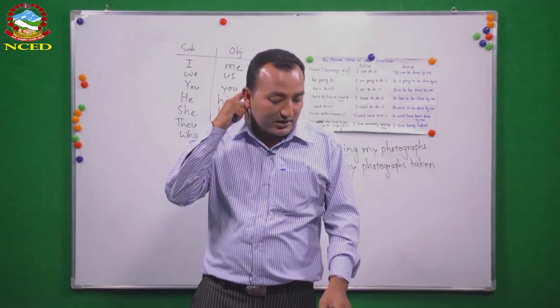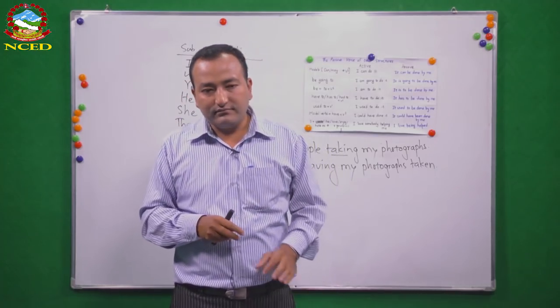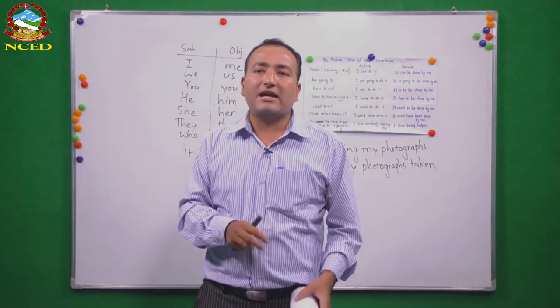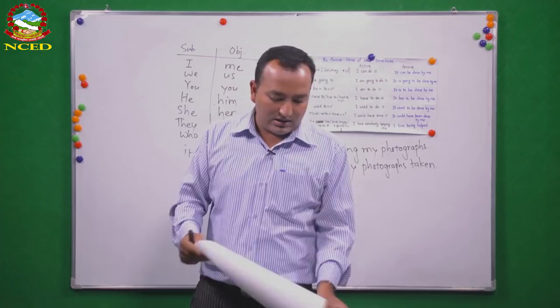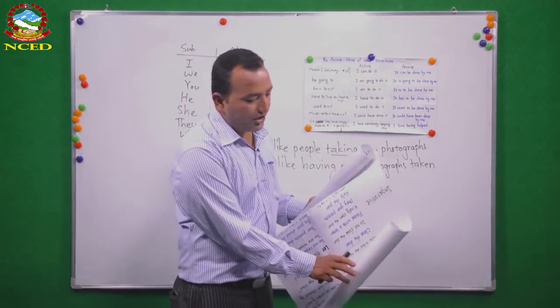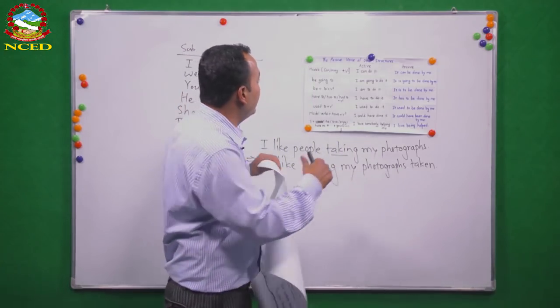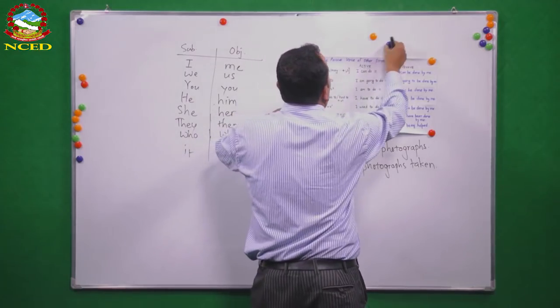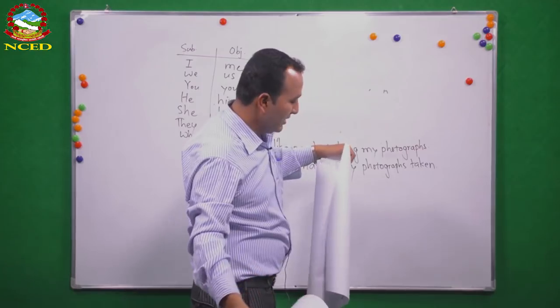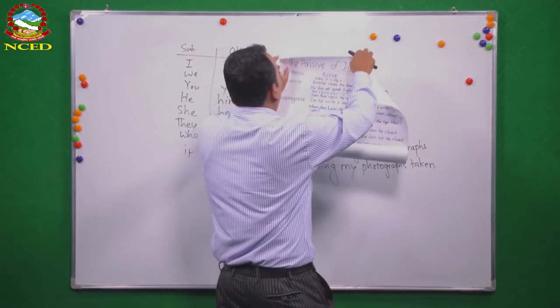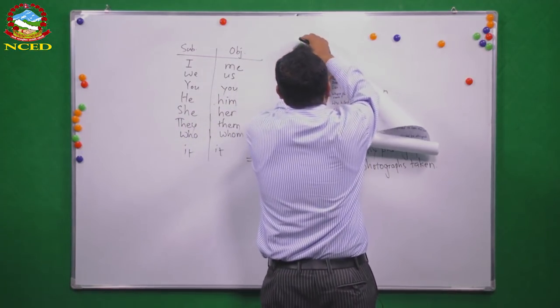We talked about different structures here. Now, not only assertive types of sentences we have to change, we have to change according to the sentence types also. I have got one more.